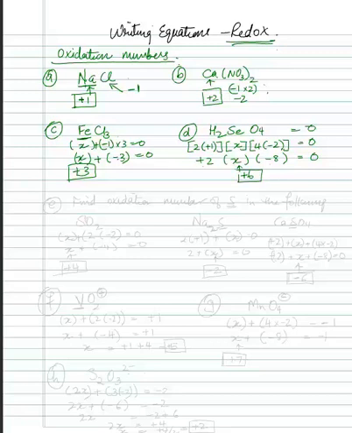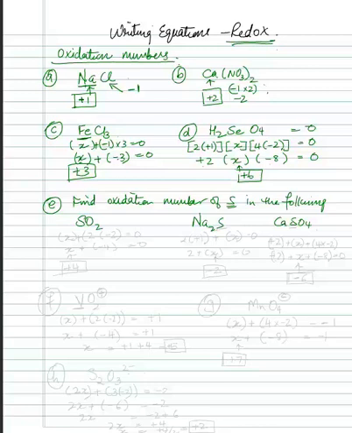Let's do another example, and this is a little bit more involved. Let's find the oxidation number of sulfur in the following. Now we'll work with 3 compounds which have sulfur: SO2, Na2S, sodium sulfide, and then calcium sulfate.